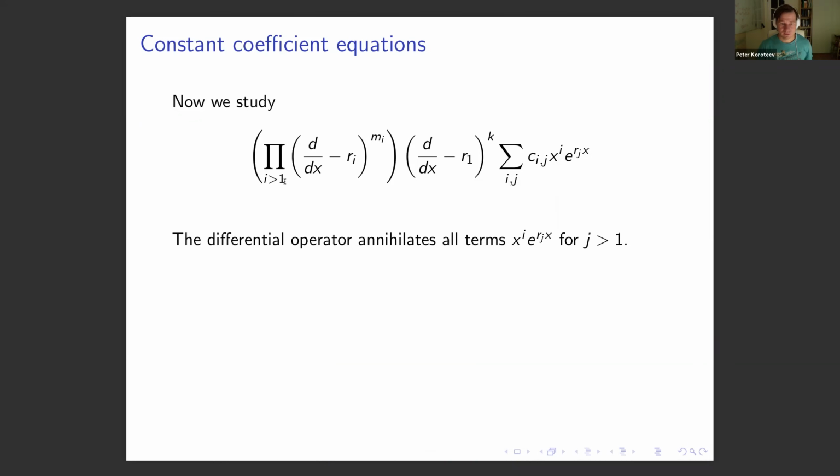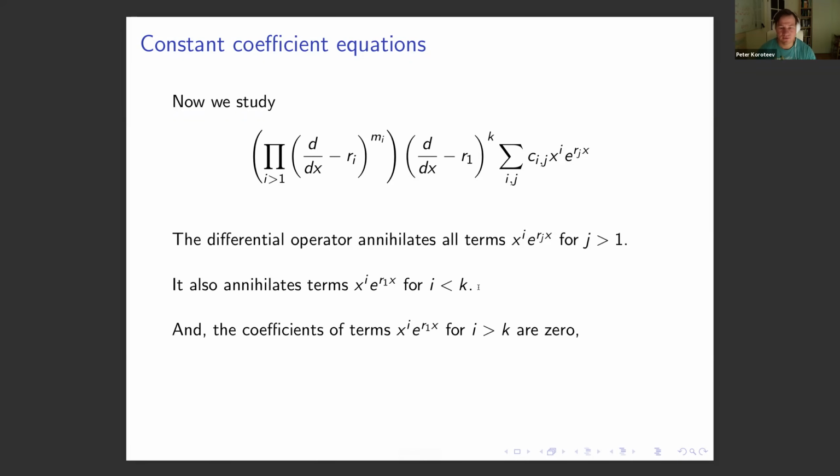And then the differential operator over here annihilates all the terms for j greater than 1, right? It also annihilates the terms x to the i, e to the r1x for i less than k, again by our previous considerations.